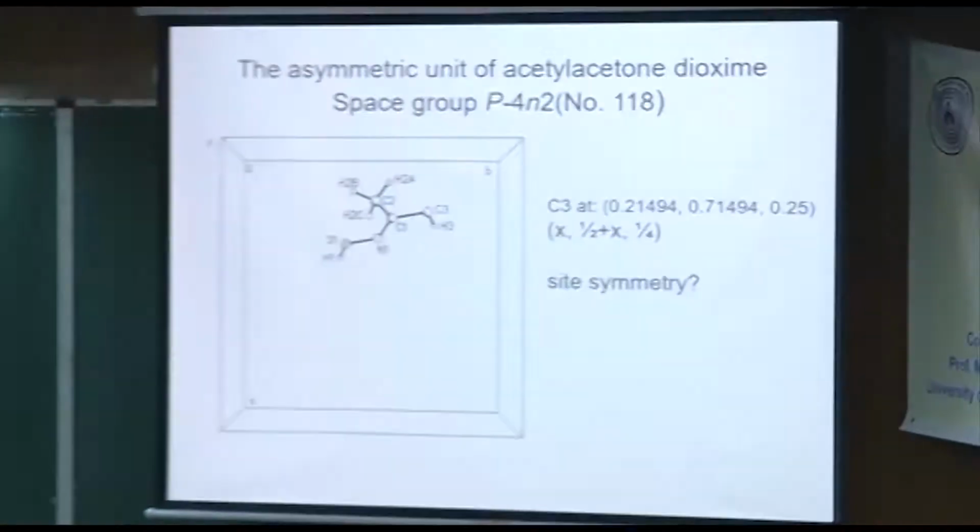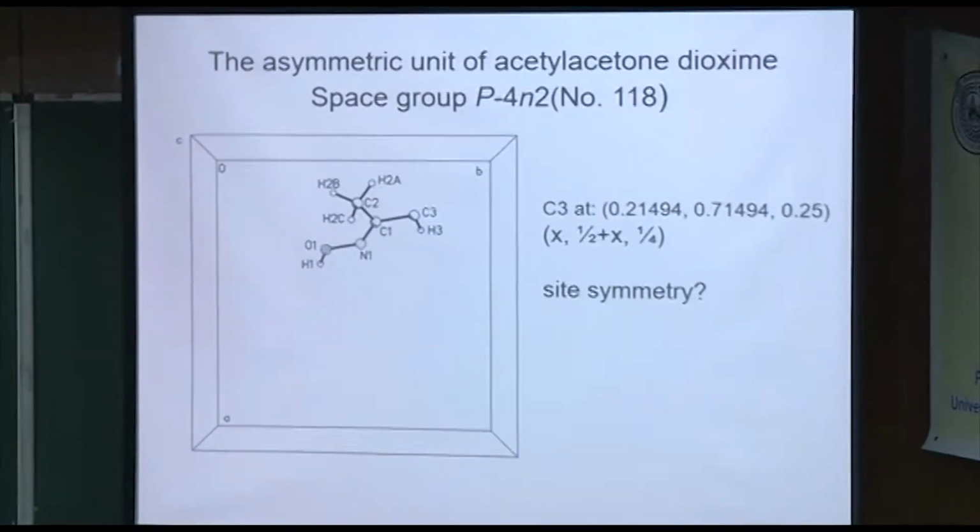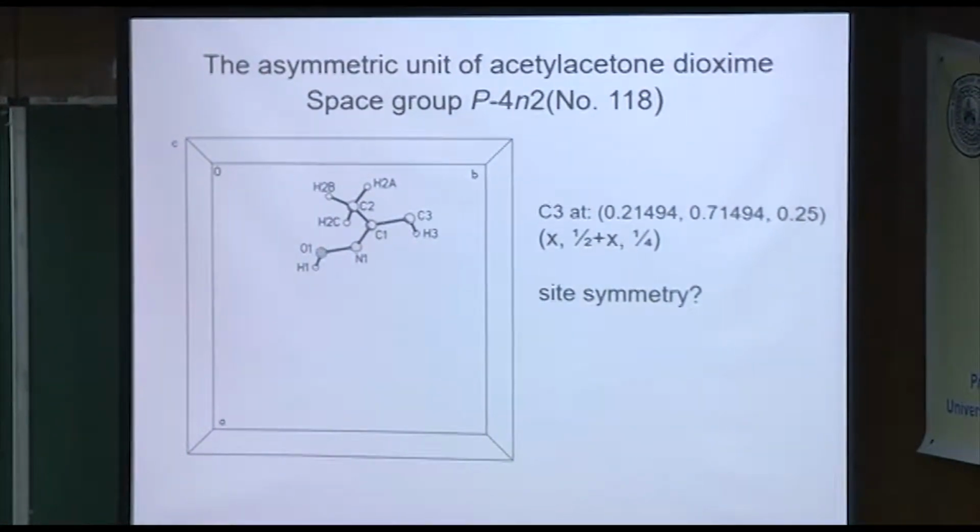So carbon that's labeled C3 has the coordinates given there. If you stare at it for a minute, you'll see that it's x, a half plus x, a quarter. All right? So that's a little suspicious. So you might wonder, okay, well, there probably is some kind of symmetry here. And if you're using a program like XP, you just say grow and it grows.